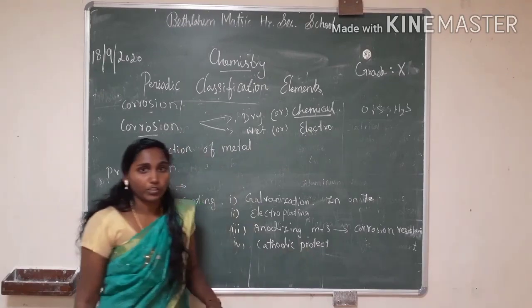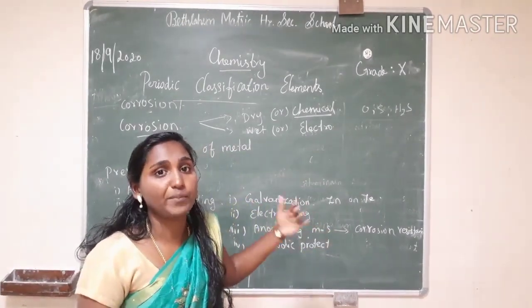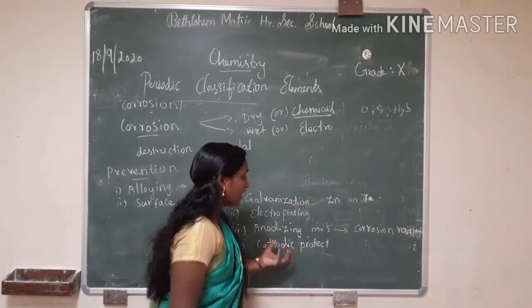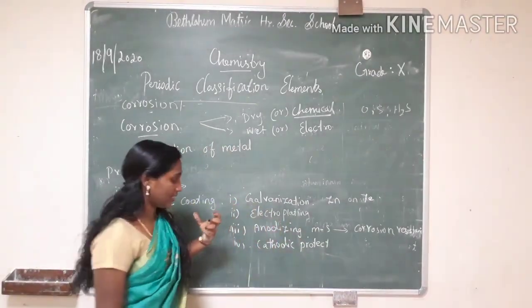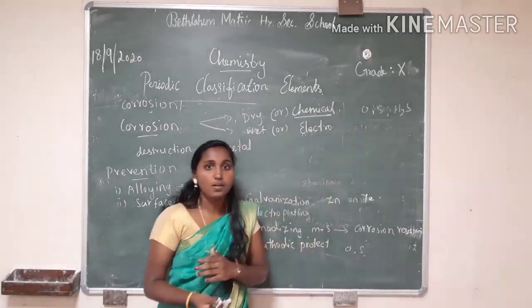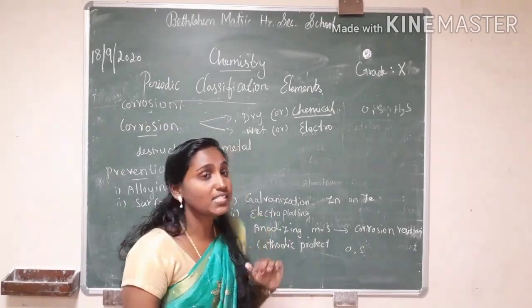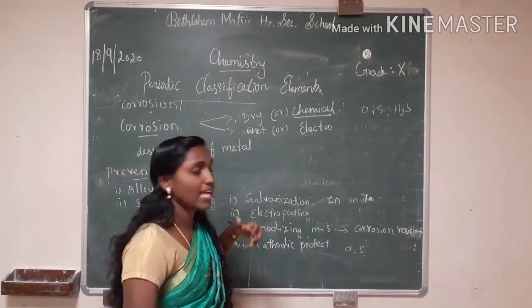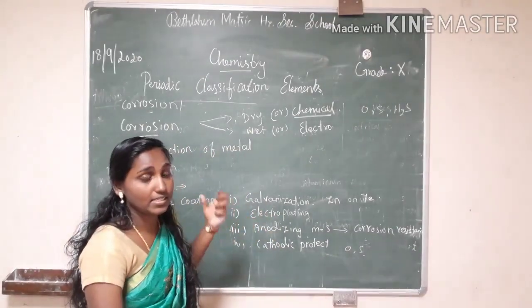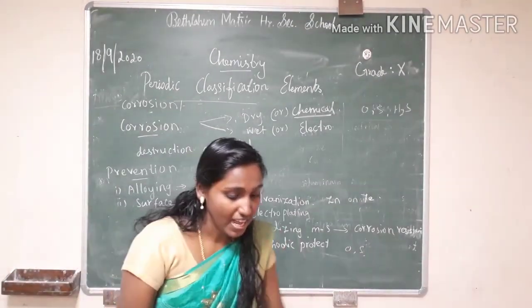Then cathodic protection. This is also an electrochemical process. In this method, easily corrodible metals, like oxygen and sulfur, are the easily corrodible substances. This easily corrodible substance acts as a sacrificial metal.